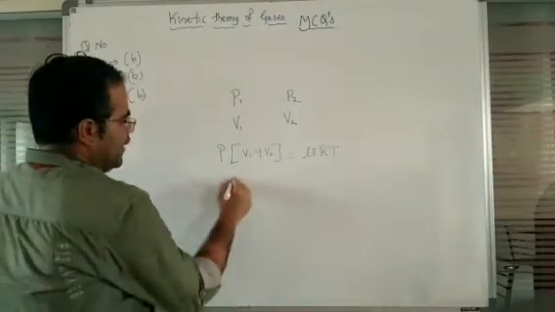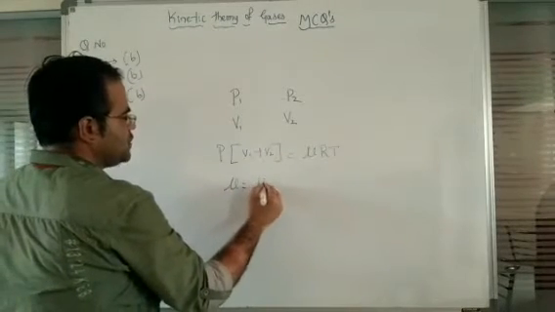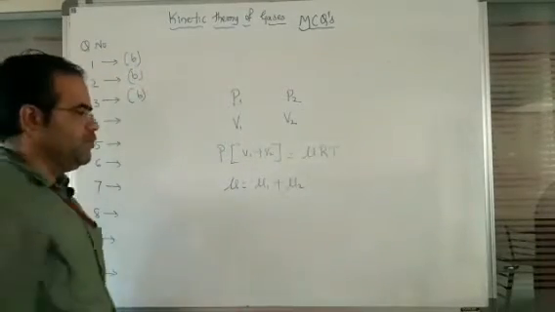But here it is mixed with a different amount of pressure and volume, so that mu is equal to mu1 plus mu2.